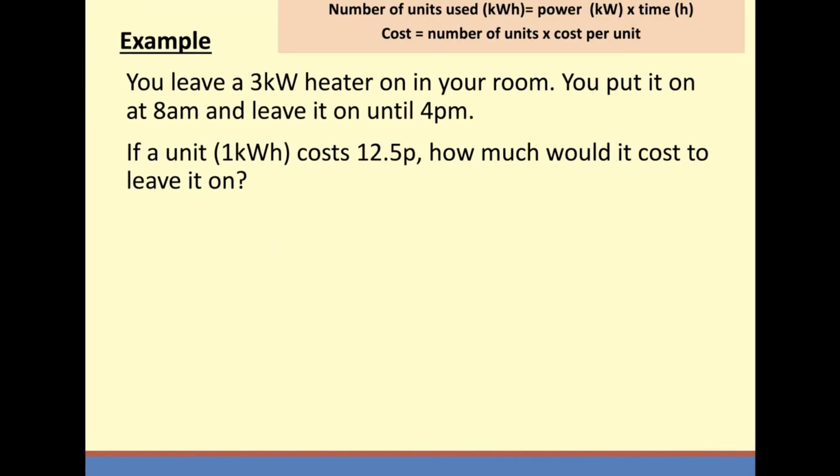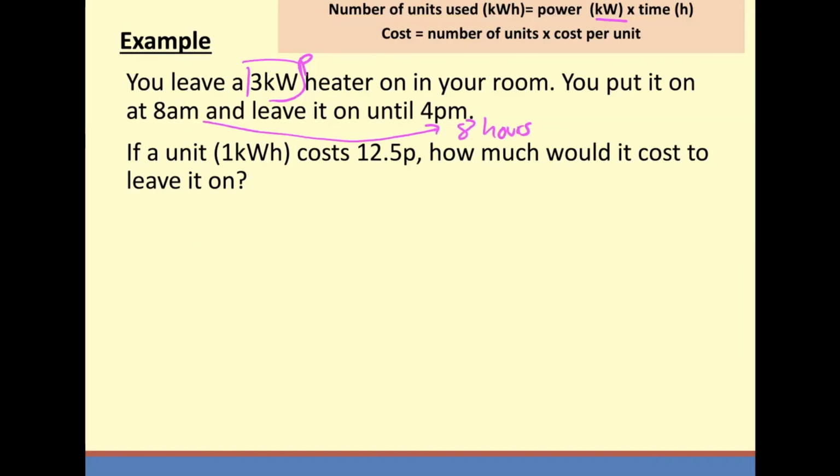So in your homework, these are the sorts of questions that you're going to be asked. So I just want to go through this example together so that we're happy with how to do those. So we've left a 3 kilowatt heater on. So this is our power in kilowatts. You put it on at 8 AM and leave it until 4 PM. So this is 8 hours.